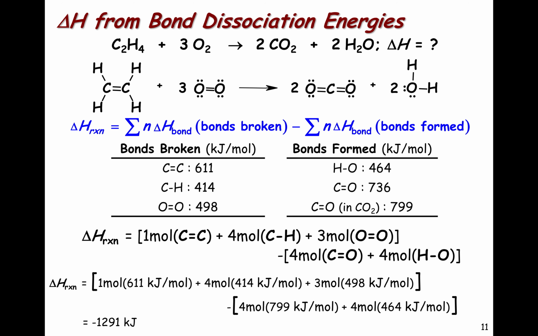We plug in our numbers, noticing that we use the CO double bond for carbon dioxide of 799 on the bonds being formed rather than a typical CO double bond of 736. We add this all together and do the math, and we should come up with negative 1,291 kilojoules, which should be the enthalpy for the overall reaction.